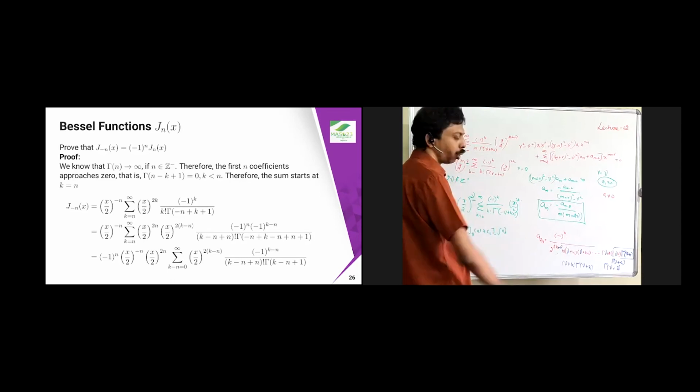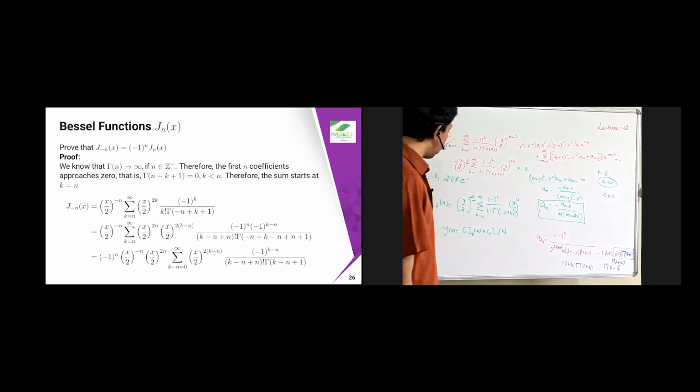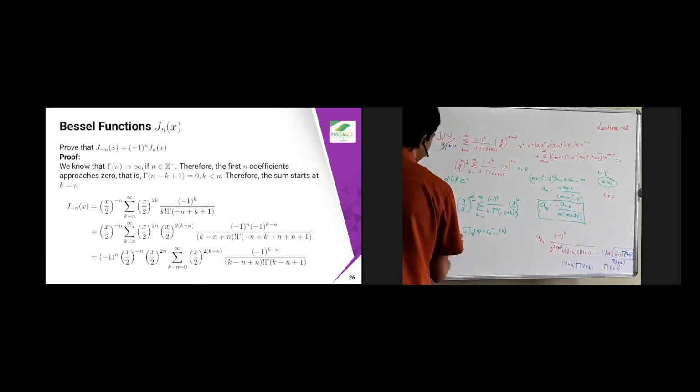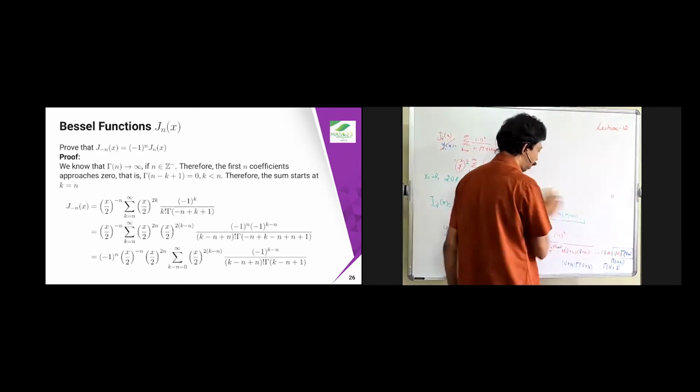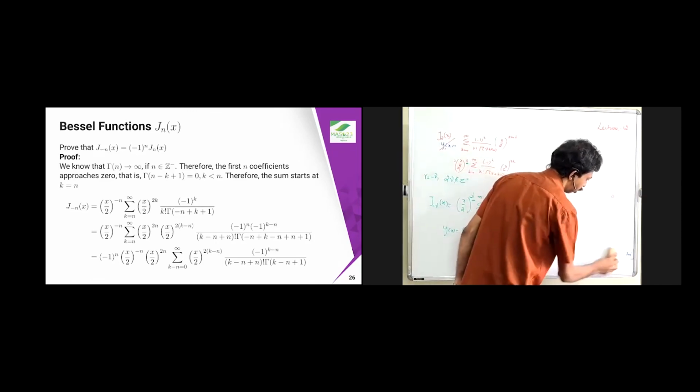So the first n terms are not going to exist. This is one simple problem which we solve.